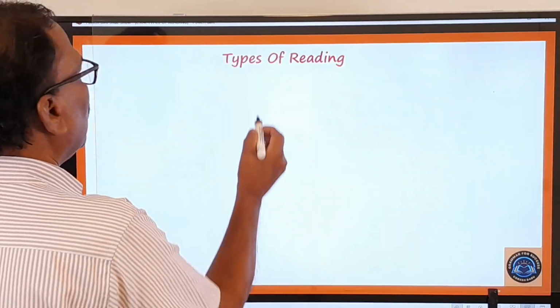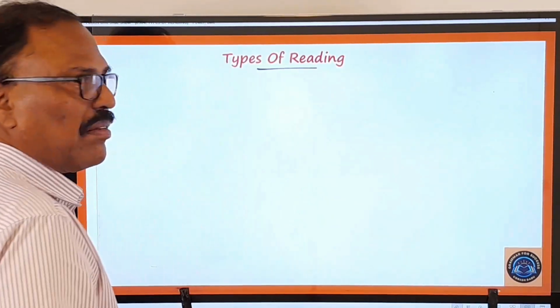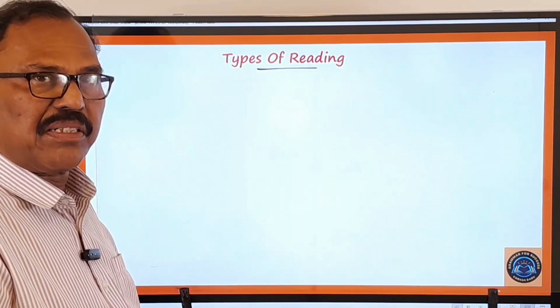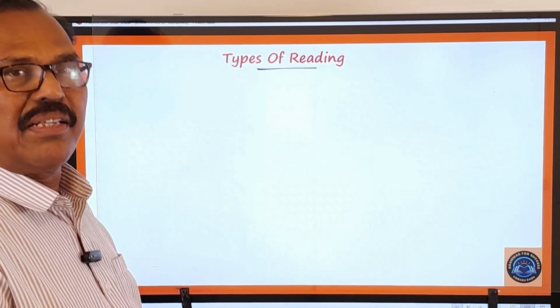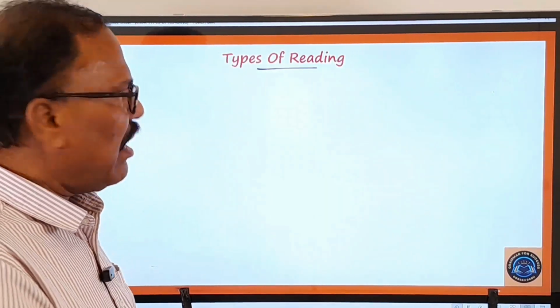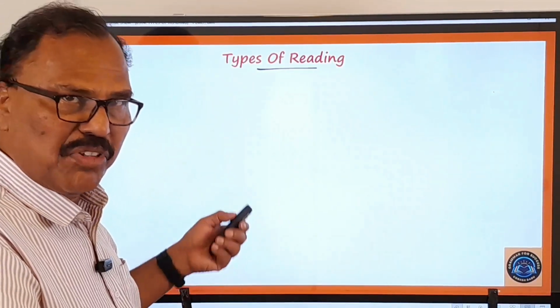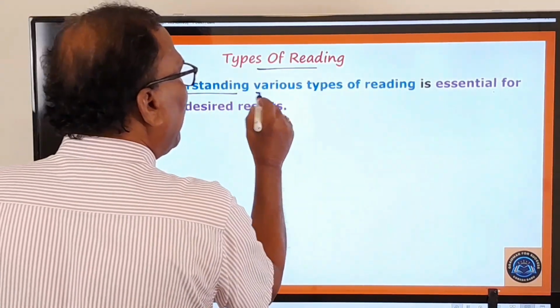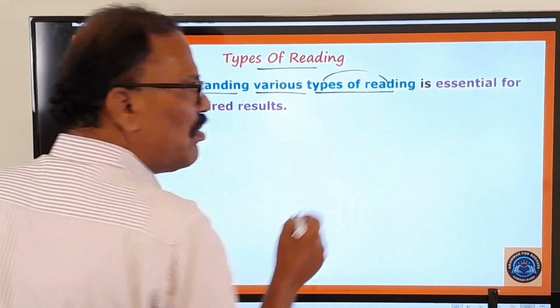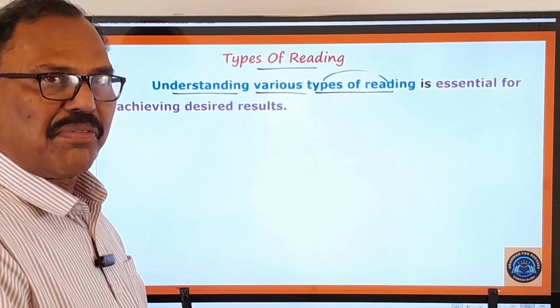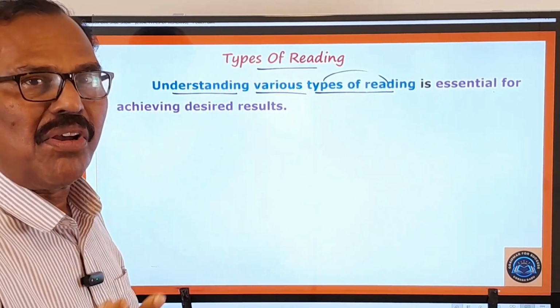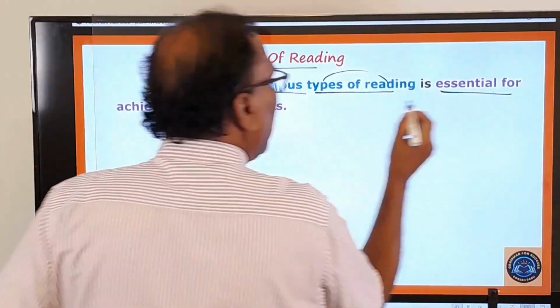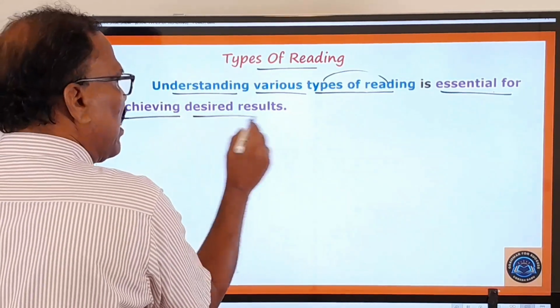Now let's get into the video. Types of reading. This methodology aspect is very important for your DSC examination. A few introductory points I would like to give you here. One of them is understanding various types of reading. There are varieties of reading, and they are all essential for achieving desired results.